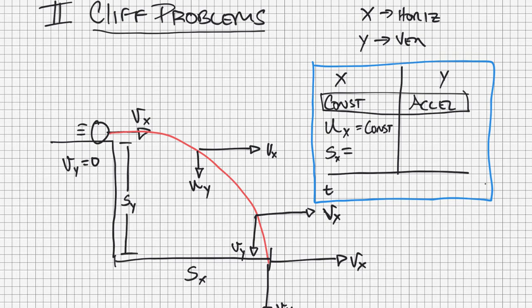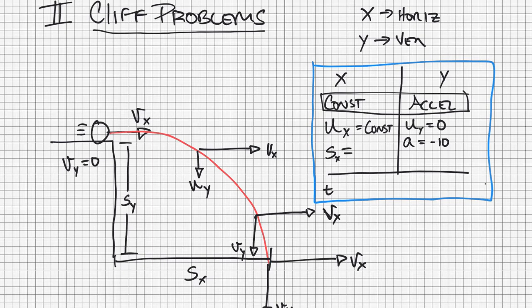So in my vertical motion, my y motion, I'm going to have an initial velocity in the y direction of 0. Because this is not launching up or down, right? We're not launching it this way or this way. We're going to say that the initial velocity is simply 0. I know my acceleration is going to be -10 or -9.8.